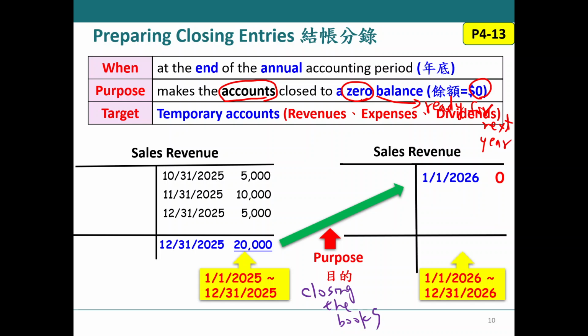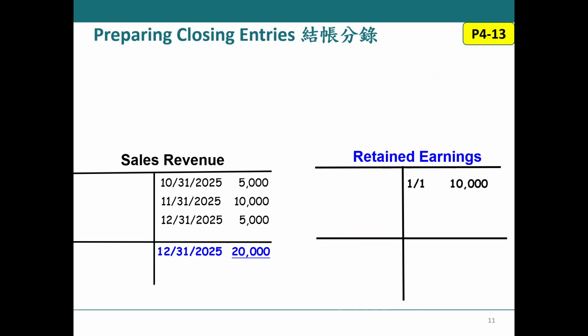More details? Retained earnings, right? Remember how to get retained earnings. Revenue minus expenses minus dividends, okay? So only one account, a permanent account, can keep revenue, expenses, dividends numbers at the same time, which is retained earnings, okay?